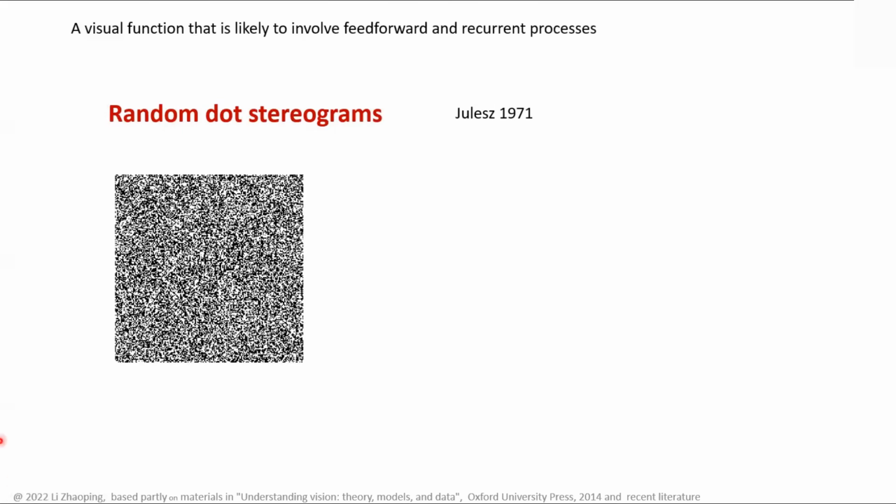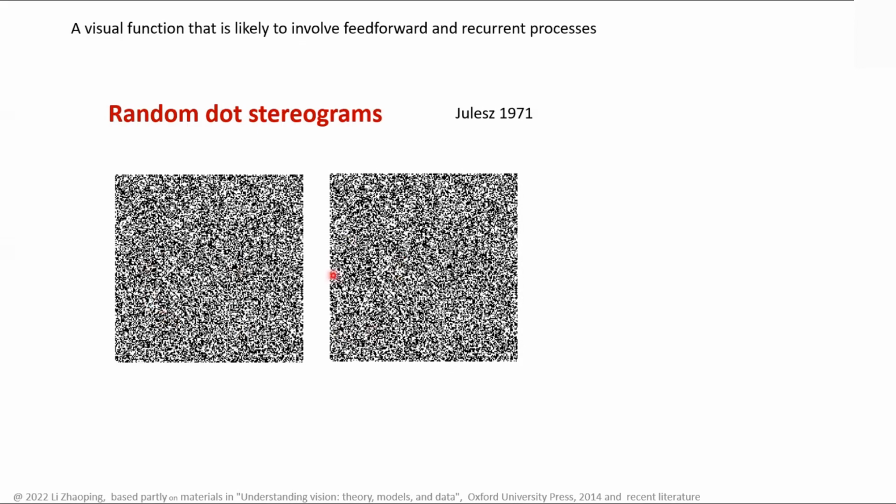And this random dot stereogram, I believe, is a function likely involving feed forward and recurrent processes, and perhaps also feedback, because of our gaze. Here, just let me show you. This is a random dot pattern. We add a square on top of it, but because they have the same statistics, you can't see the boundary. You copy it to the other eye, so this is in the left eye, this is in the right eye, they're exactly the same.